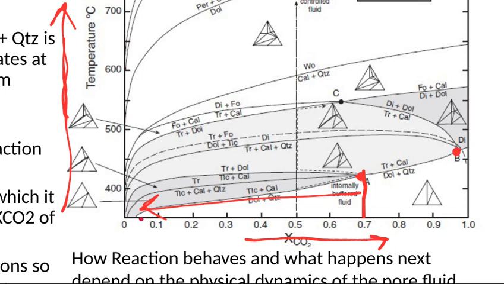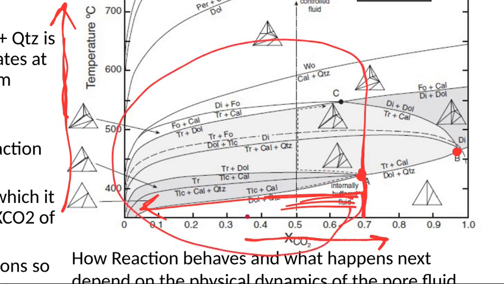If XCO2 is less than 0.7, then this thing will happen. Consider XCO2 is equal to 0.3. Then if you increase the temperature, these reactions will take place.